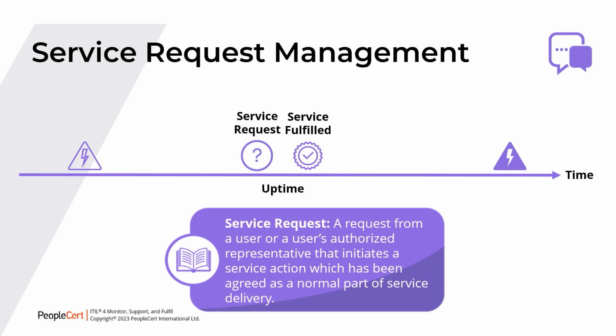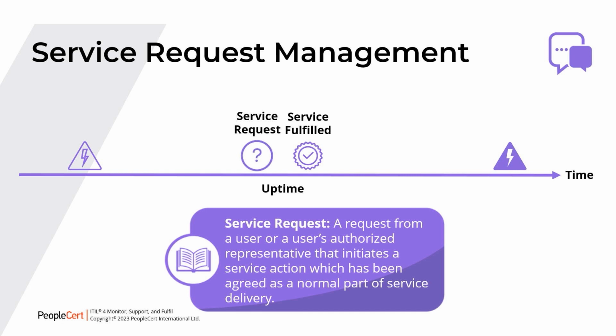They're also a request for a service or a service action which has been agreed as a normal part of service delivery. Now, what constitutes normal will vary from organization to organization, and even from business unit to business unit, and sometimes even from user to user. We're going to talk about how we calculate what's normal a little bit later in the course. But in the meantime, what I want to focus on is the fact that a request is focused on a service action which has been agreed.